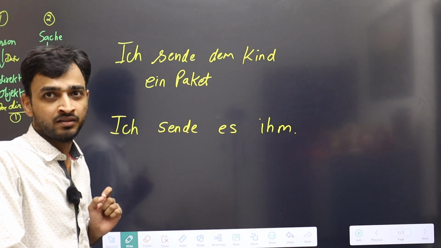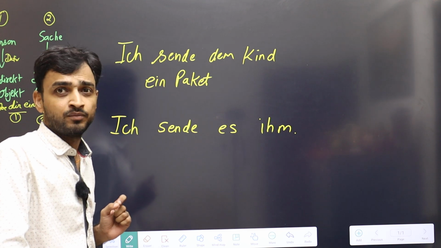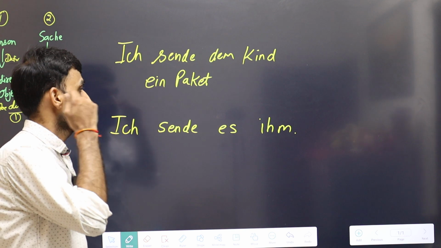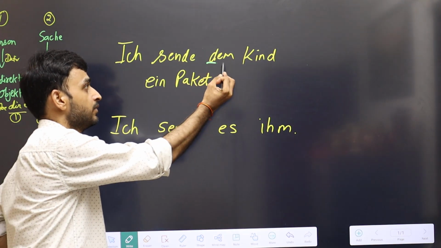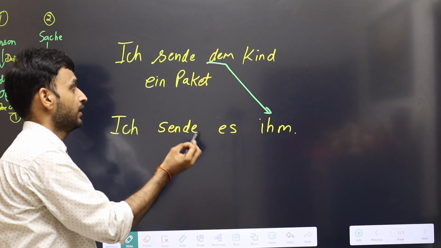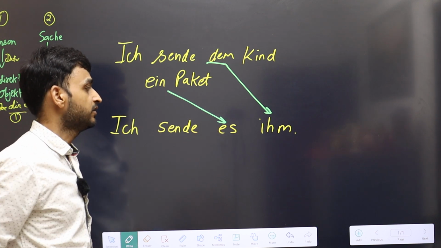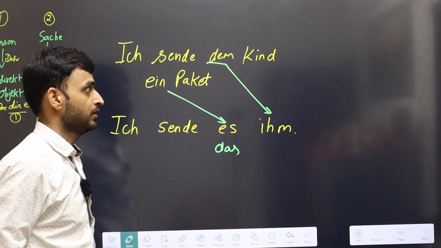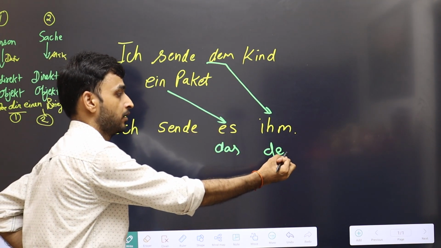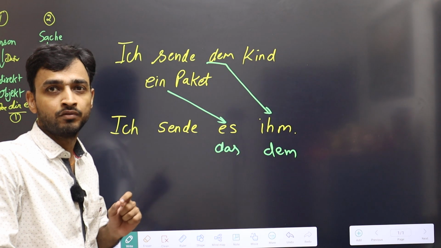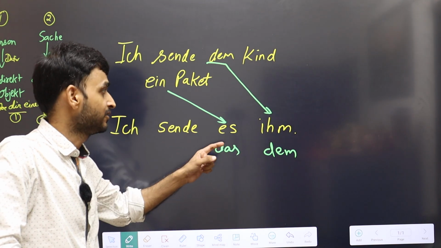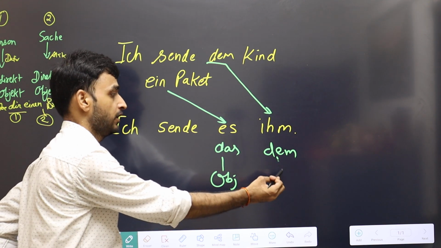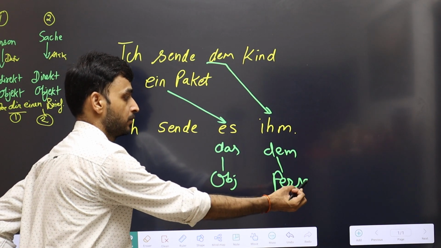The sentence is dative, but I am using personal pronoun. Ich sende es ihm. So what is this? Ihm is for dem Kind, and es is for ein Paket. This is a personal pronoun because Paket, das, and this is dem Kind. So when we use personal pronoun, we can write like this. First we write the object, then we write the person.